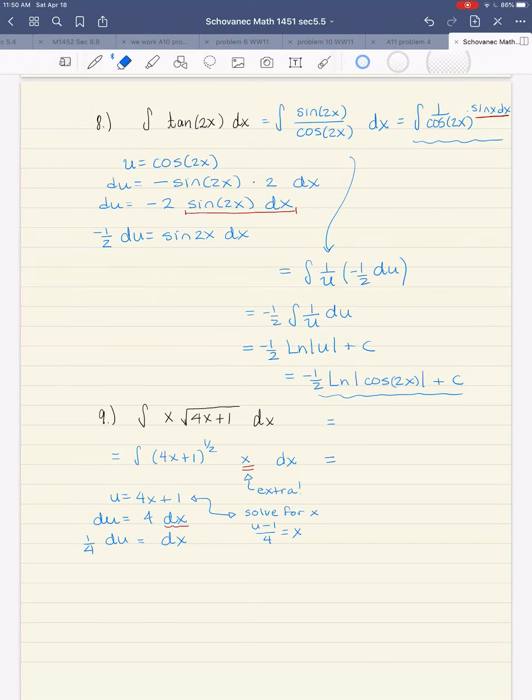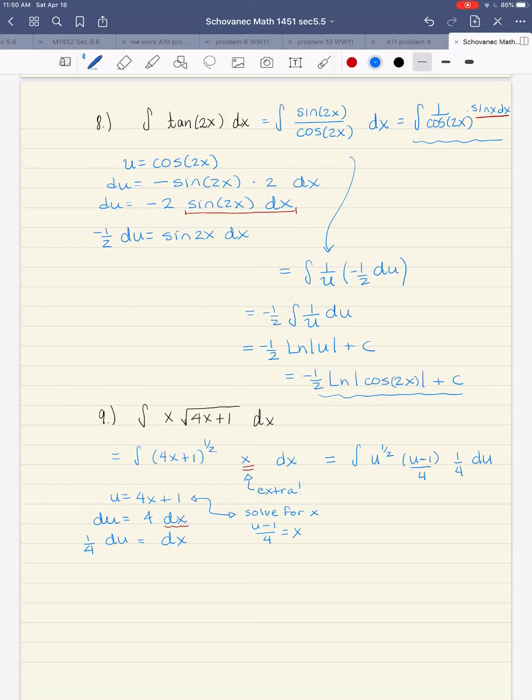Now let's put everything in here. Let's go down to this line right here. I'm going to put u in for the 4x plus 1. For the x, I'm going to put in u minus 1 over 4.